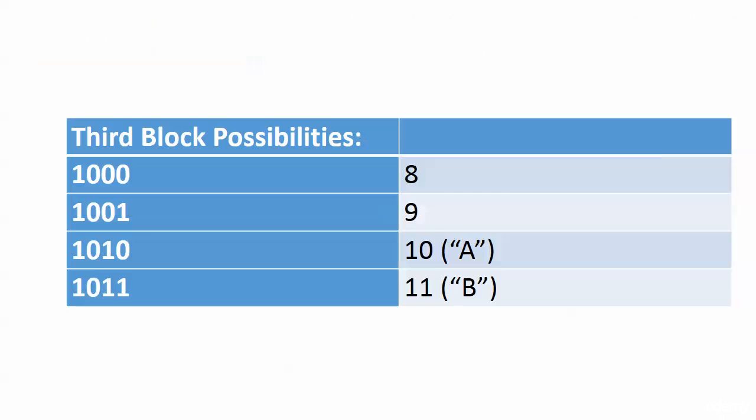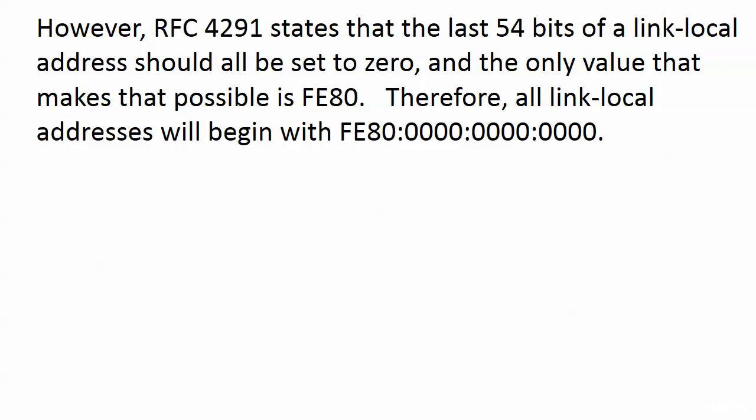Well, out of these 4 values, the only one that allows that is the 8. Because if we have even 9, if we go 1 higher, then with that setup, with 1001 as the third octet, the last 54 bits would not be set to 0. It would be the last 52 bits. So the only value that meets the RFC 4291 requirement is FE80.